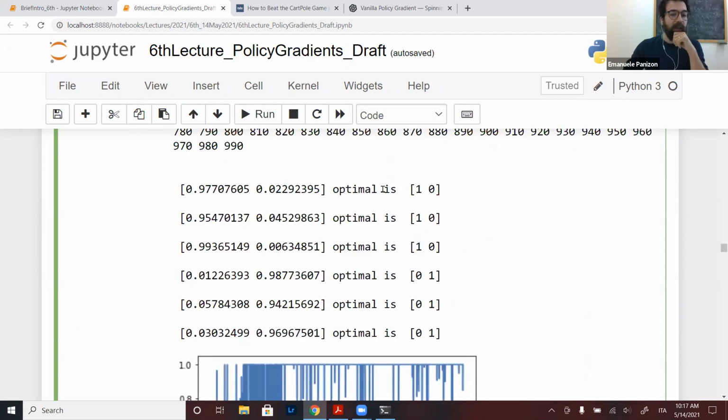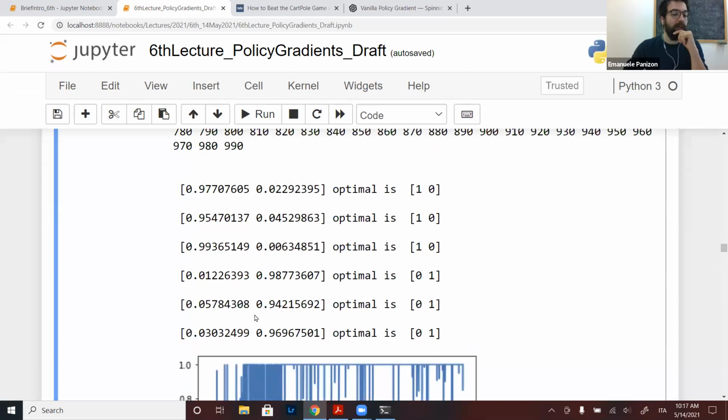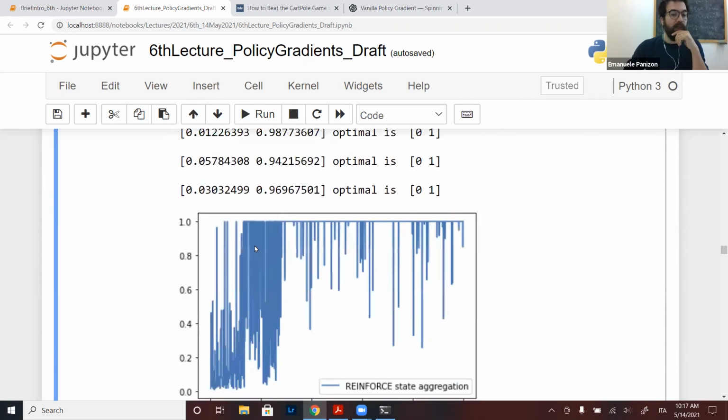As you can see, while the optimal one is 1, 0, they have not yet converged, but still it's very close to 1, 0, very close to 1, 0, and very close to 1, 0, and then the last 3 are very close to 0, 1. Okay. And clearly these small fluctuations are due to the fact that this is still a bit far from being perfectly 1, 0. Okay, so this was the REINFORCE.